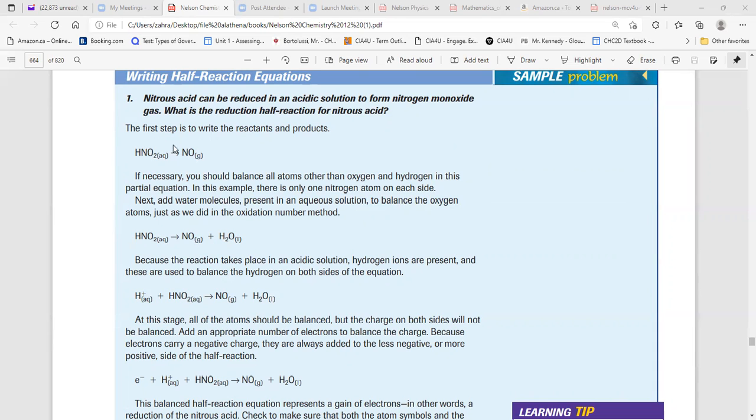Here we have 2 oxygen, here we have 1 oxygen. We need to have 1 water here, so I put H2O here. Now we balance the hydrogen. Here we have 2 hydrogen, here we have 1 hydrogen. I need 1 hydrogen ion here. Since this is hydrogen ion, the charge needs to be balanced. I put an electron here because electron and a positive charge cancel each other, so that would be this.